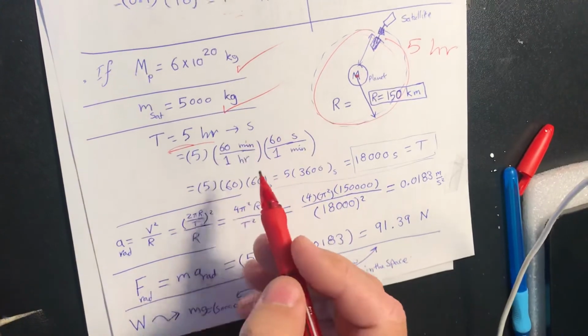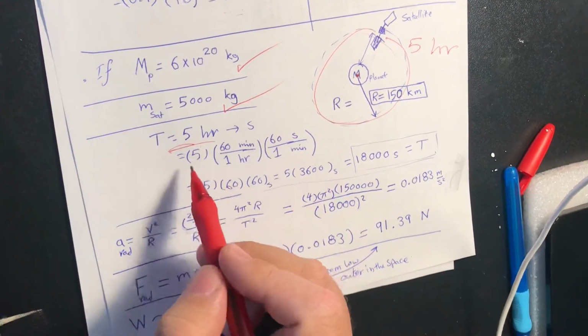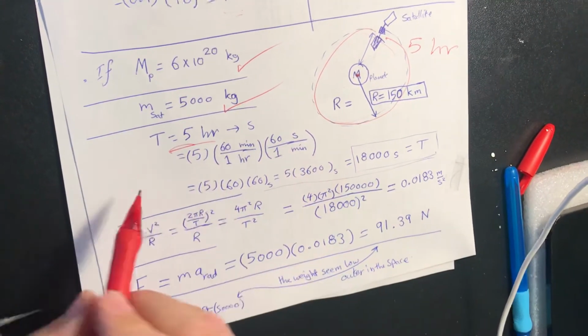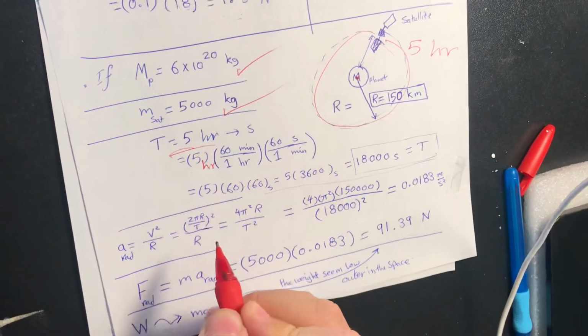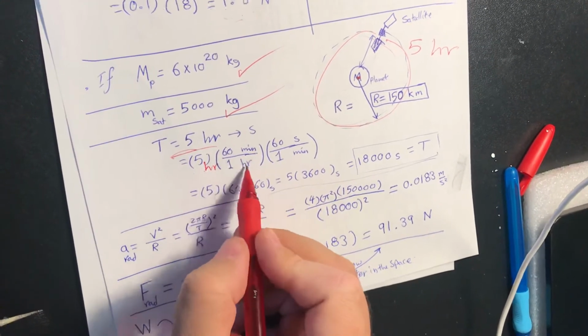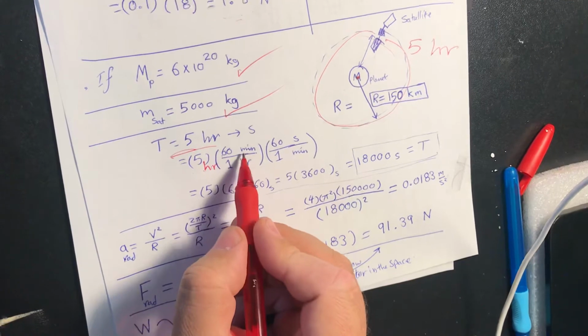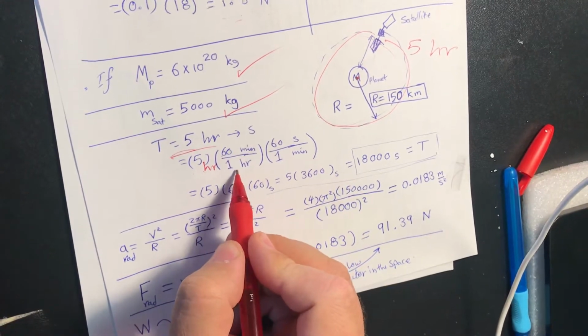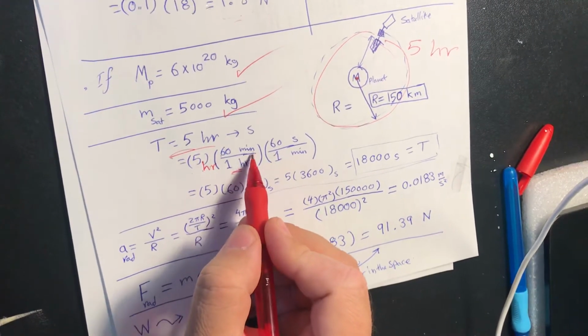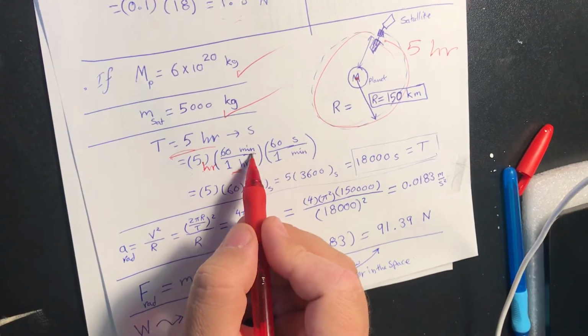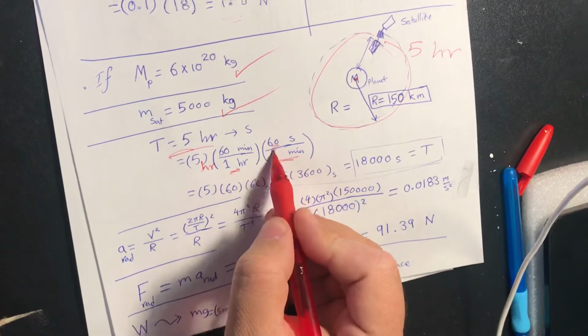We need to compute it in seconds, so I will convert hours to seconds. I have 5 hours. I will convert it to minutes, where every 60 minutes are 1 hour, and every 1 minute is 60 seconds.